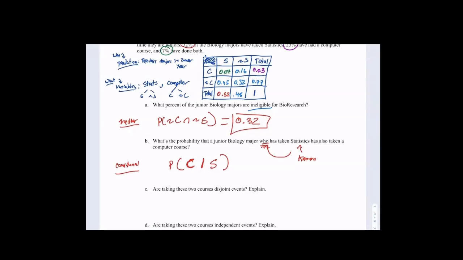That word who means a biology major who has taken stats. I know they have taken stats, given stats. So this one is the probability of computer science and stats, which is the intersection of computer science and stats, which is 0.07 over what? The probability of stats.